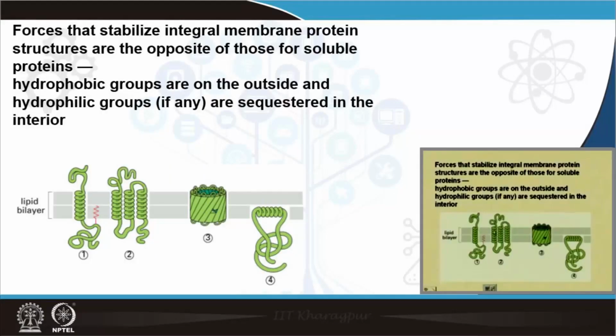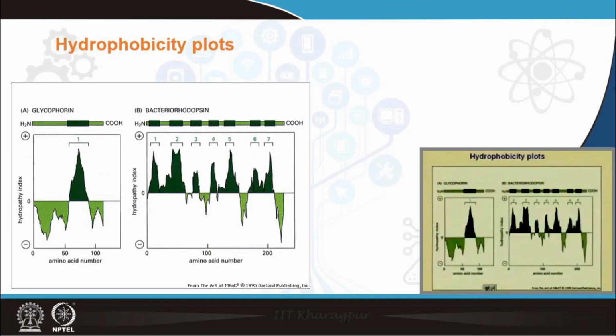If we have high hydrophobic regions, we consider those regions to be traversing the membrane, and these hydropathy plots are used much more for membrane proteins than for the detection or analysis of any other sort of proteins. So, when we do these plots for, say, glycophorin in this case, we consider here the hydropathy index that has a negative value here and a positive value here.